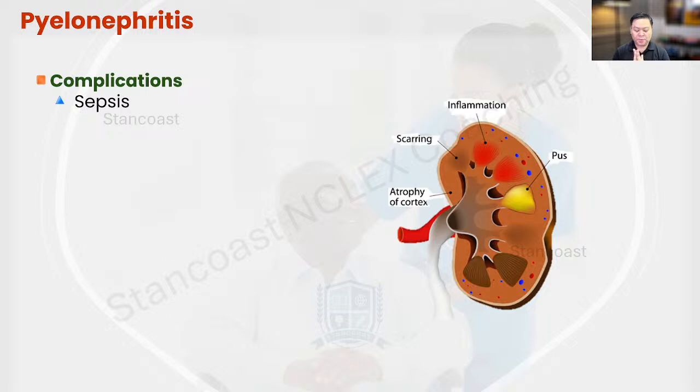And so your patient's blood supply to the brain will be affected. There will be some confusion, disorientation, and the same thing with the other major organs in the body, like the liver, the lungs, also the peripheral tissues. And so this is something that you need to keep an eye on.